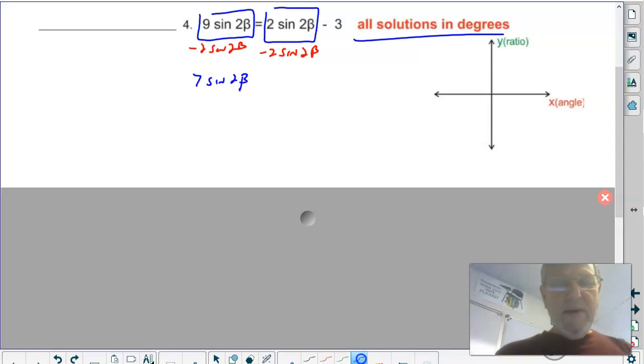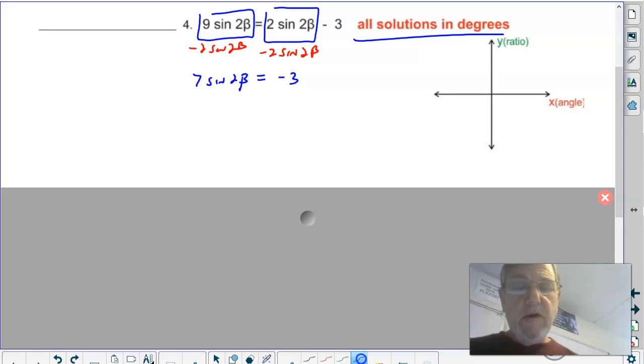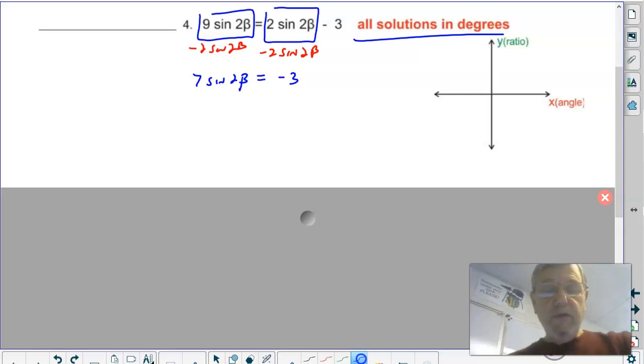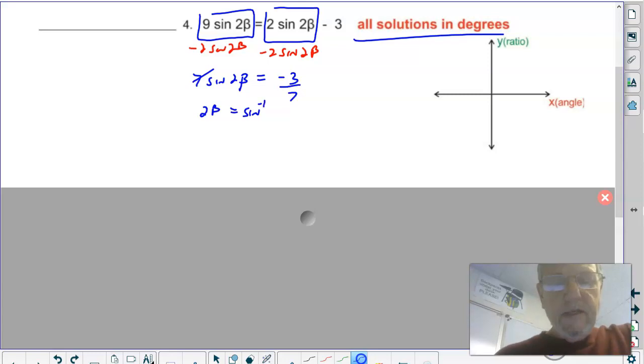See, things we learned way back in pre-algebra, right? When you have variables on both sides, get all the variables on one side, right? And now we want to move the 7. So we're going to divide both sides by 7. So 2 beta is going to be sine to the -1 of -3/7. Okay, punch that in.